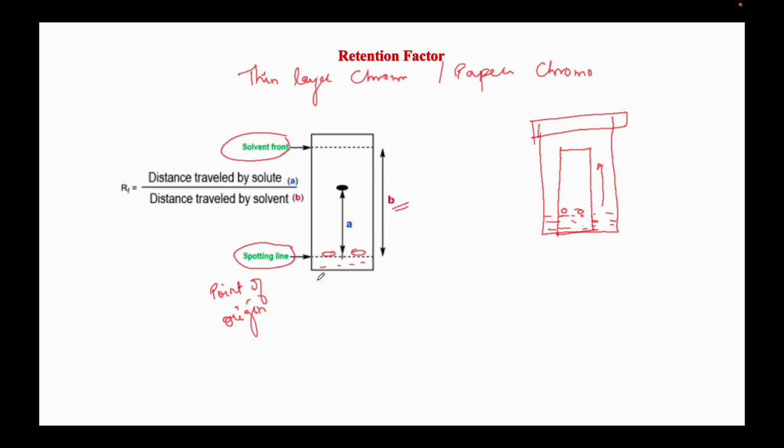Then we'll spot our sample. In this case, we are spotting a dye. This dye could be any dye. For example, we use this to separate different chlorophylls, chlorophyll A, B, different plant pigments.